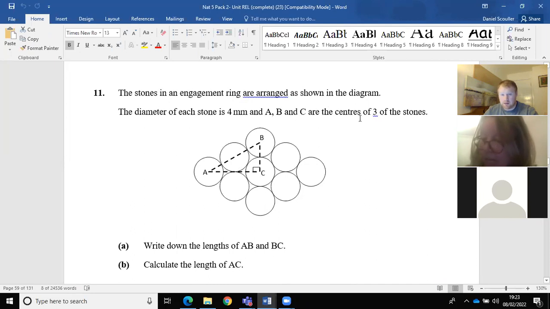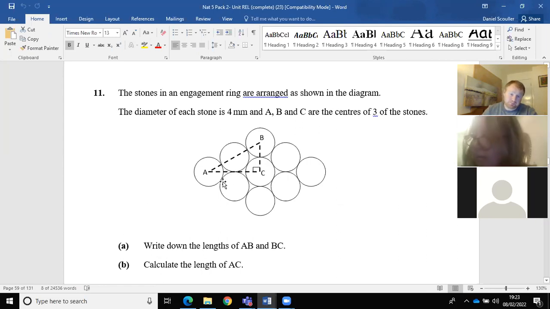So A, B, C are the centres of three stones. Write down the lengths of AB and BC. So AB is your hypotenuse. BC is the distance from there to there. And calculate the length of AC.